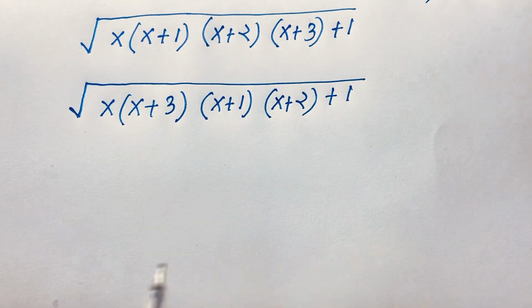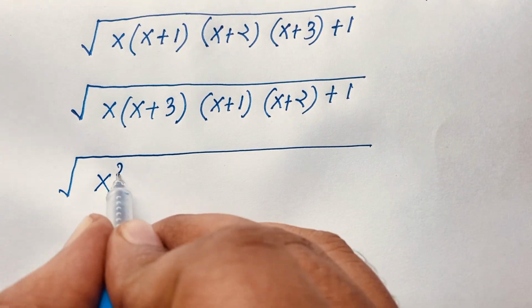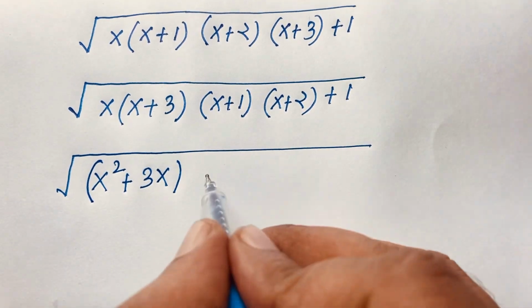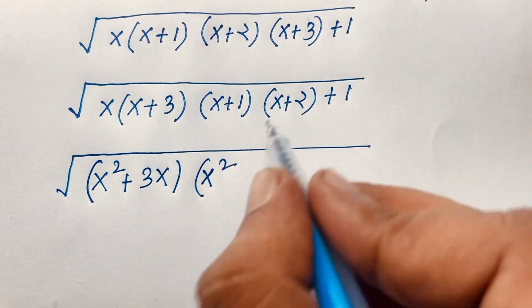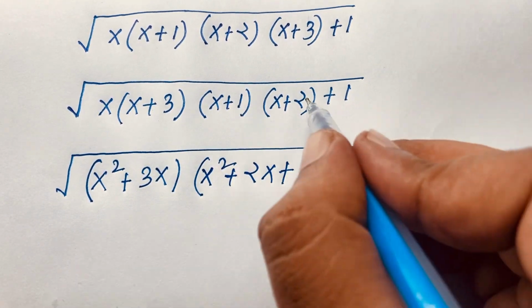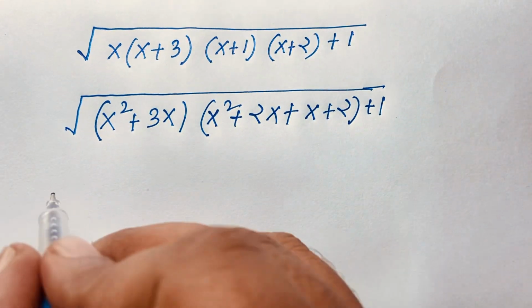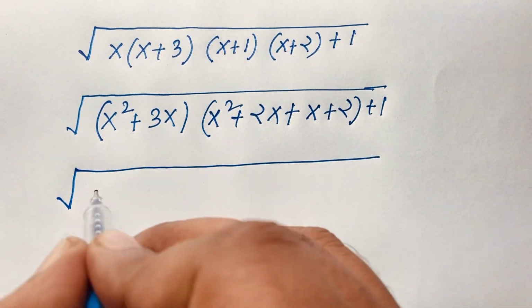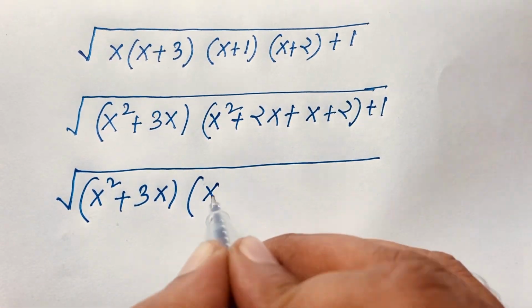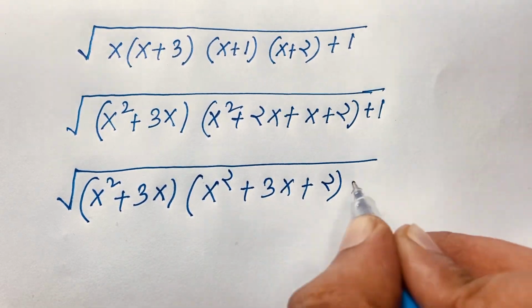Now I can see easily, x times x will be x square, plus 3 times x, it will be 3x, and x times x plus 1 times x plus 2: x times x is x square, x times 2 is 2x, 1 times x is x, and 1 times 2 is 2, plus 1. So it is the square root of x square plus 3x times x square plus 2x plus x, which is 3x, plus 2, plus 1.